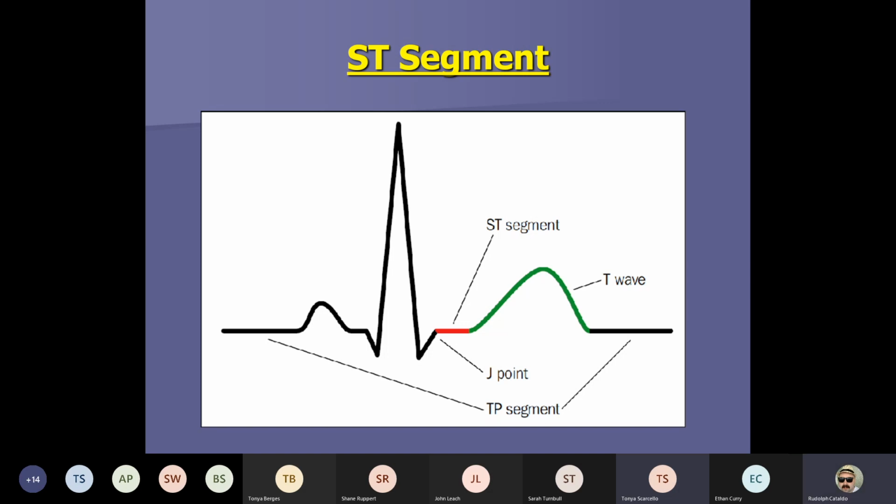I compare my ST segment to either my TP segment here or my TP segment here. An easy way that I even talked to the last paramedic class to look at elevation is to literally draw this line straight across. And am I elevated or depressed across that line?